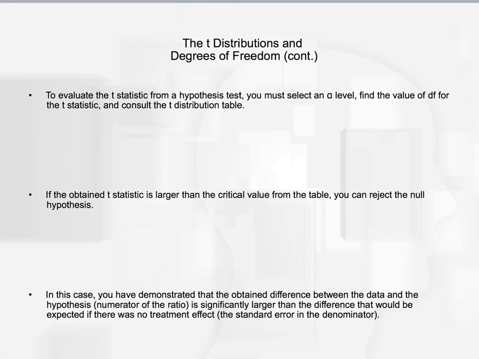Again, we have an alpha level, just as you understood from Chapter 8. The alpha level is how much risk you are willing to take when you say that a sample mean is different from a population mean. We talked about how alpha levels can be 0.10, 0.05, 0.01, 0.001.